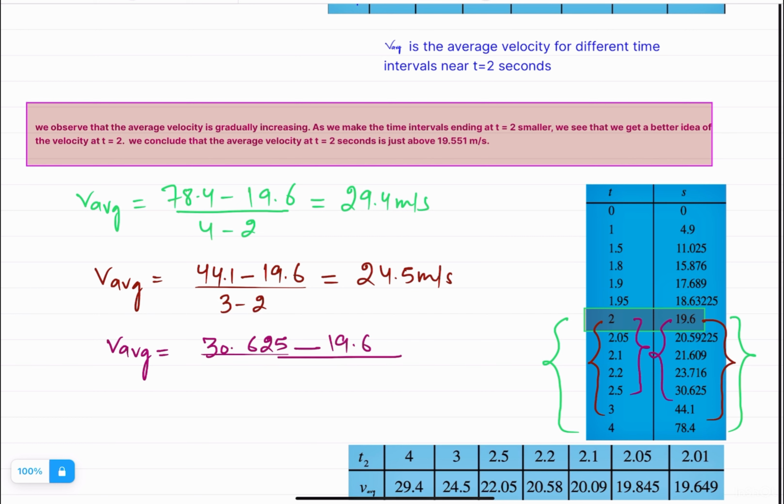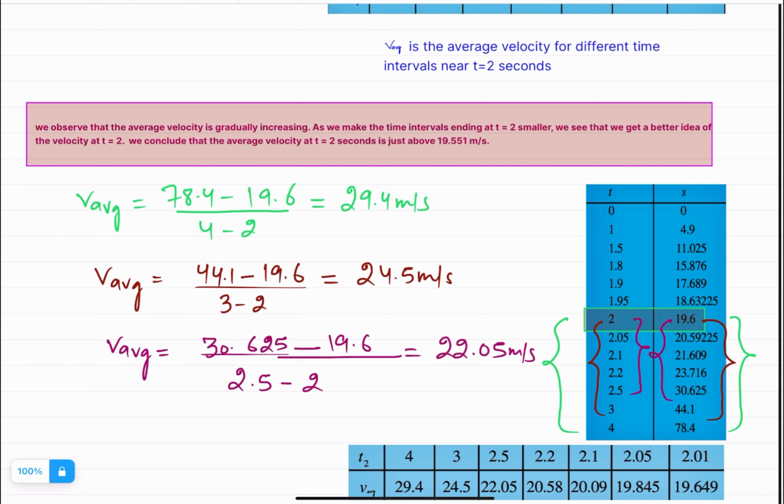On simplifying it, it will be 22.05 meters per second. When we are coming closer and closer to the time interval 2, you can see here the average velocity is decreasing.